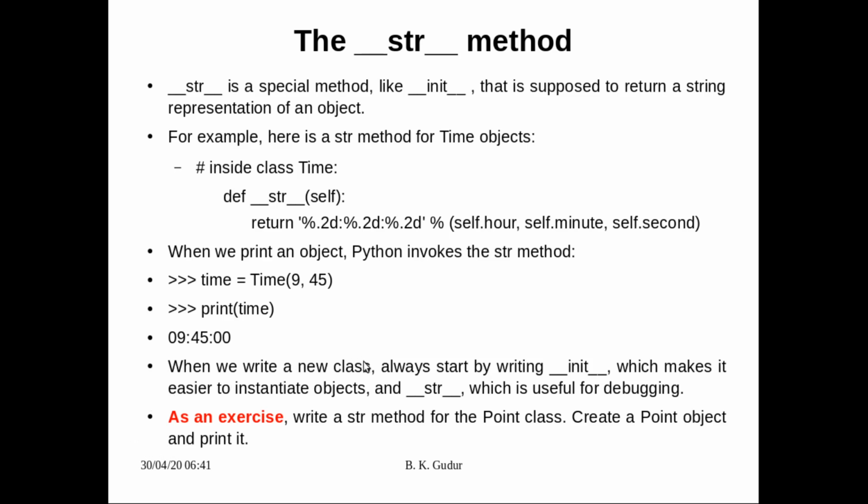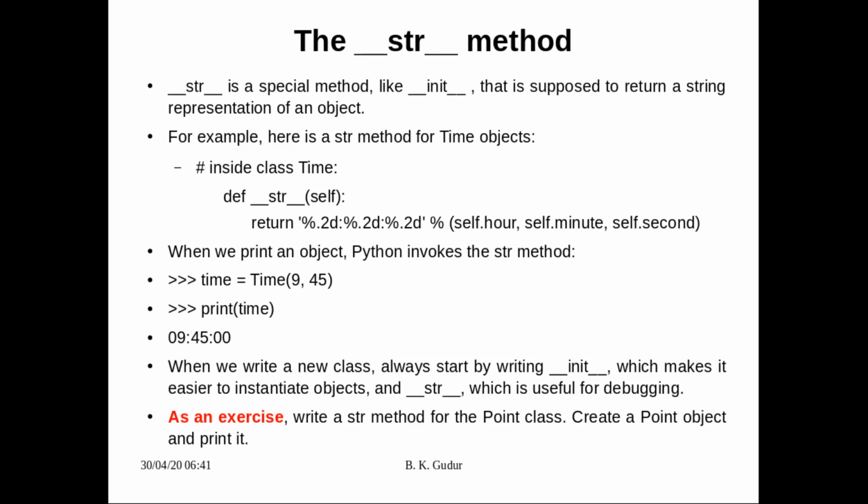When we write a new class, always start by writing init, which is going to initialize the object, which makes it easier to instantiate objects, and write str, which is useful for debugging. Whenever we want an object's status, we can print it easily using a print function, so it will be very useful for debugging.